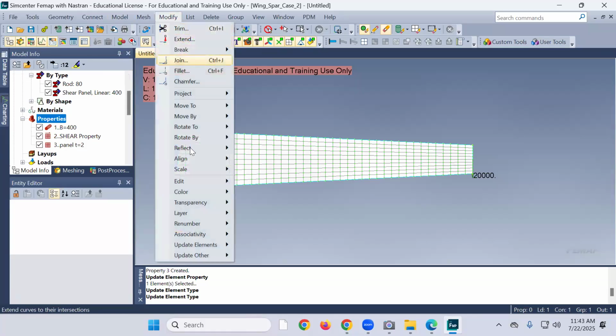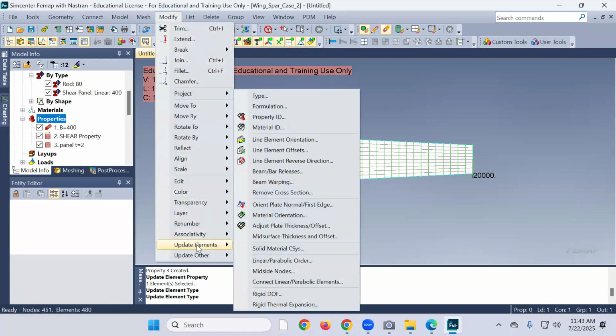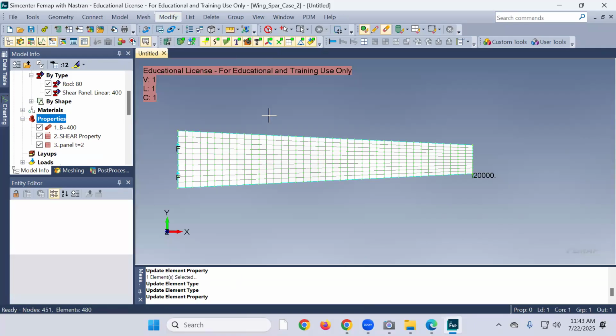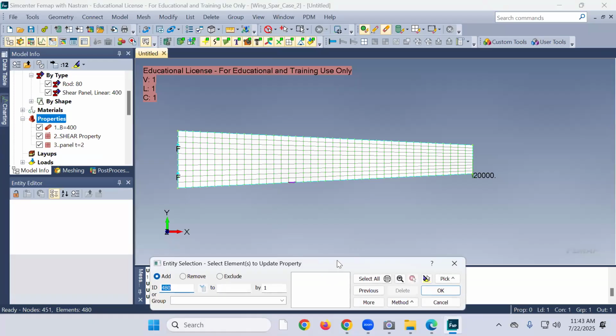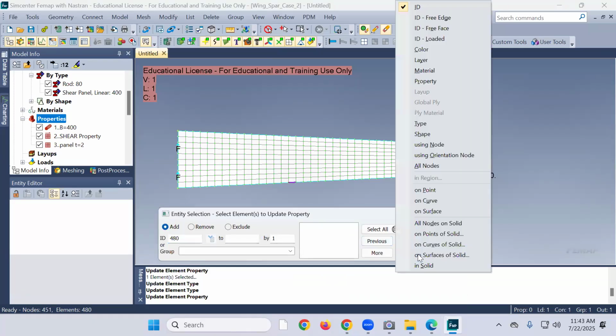So modify object element. Why didn't it do with property ID? Let's try property again. What is it? Select update property. So let's say method, or maybe that.